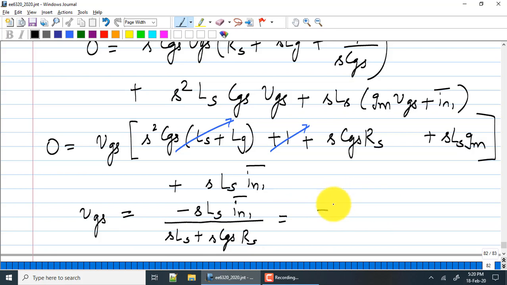So let me see if we can write this even better. IN1 by... it's okay. We'll just leave it like this. We'll just write it down as minus LS. We can do any operations later.